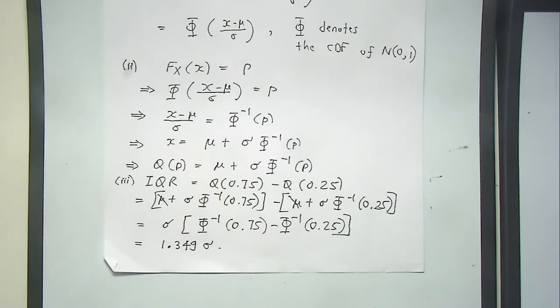No, that's the inverse function. If you take the inverse function both sides, this becomes phi inverse. So this is the inverse function of phi. You apply the inverse function to both sides.